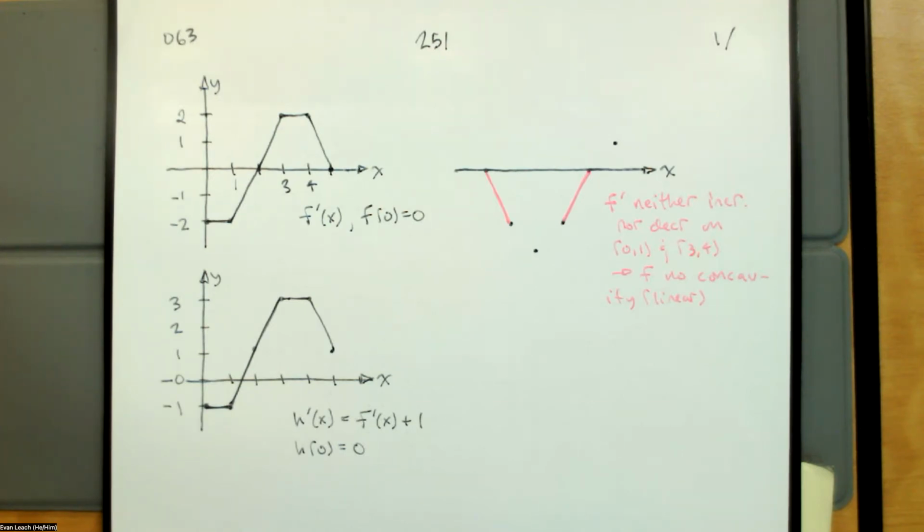On the interval from 1 to 3, we see that the derivative is increasing, so the function is going to be concave up.